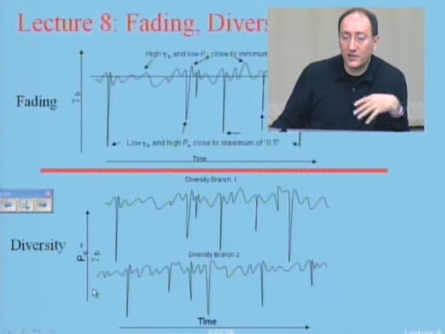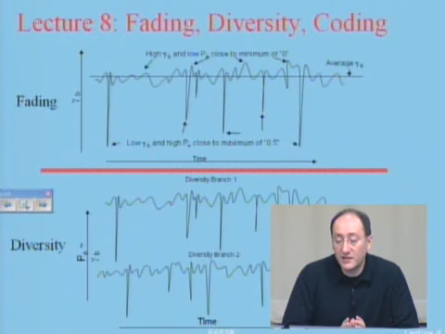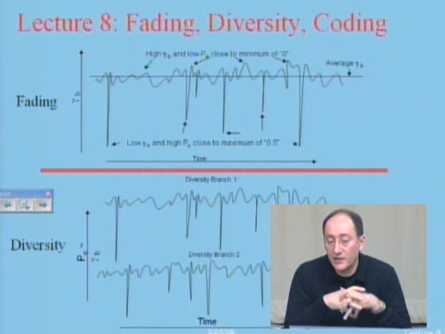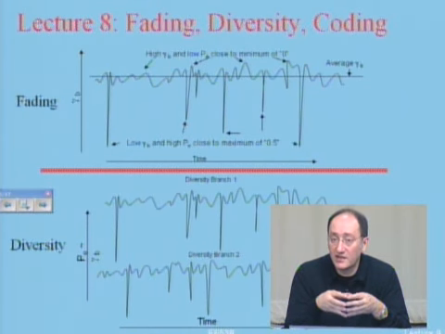Now, just to remind you, everything that I would like to do in my lecture series here is to provide you an intuition about why different transmission techniques have been applied to certain wireless networks.